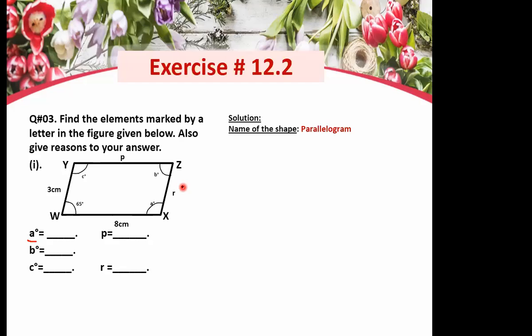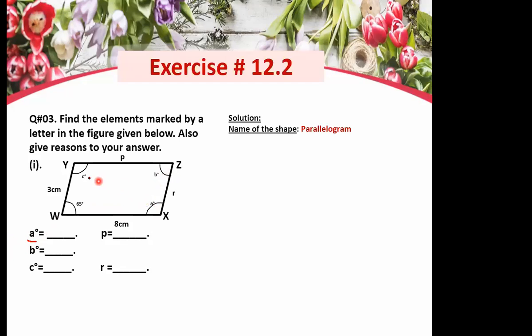Now after that, what you are going to find is this element A. Where is A? This is angle A. You have to find the measurement of this angle A. As you can see here, B is the consecutive angle of A. Similarly, 65 and A are two consecutive angles.